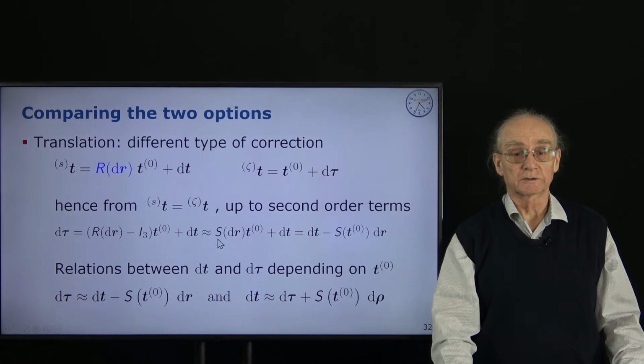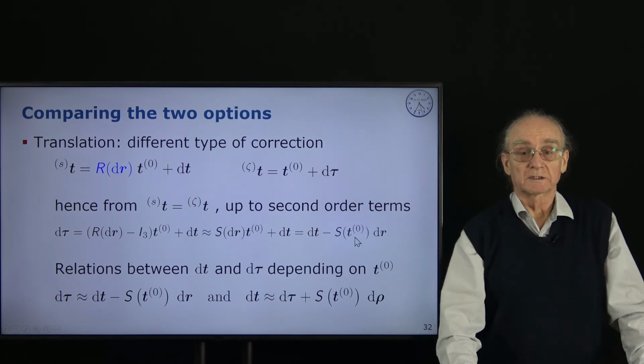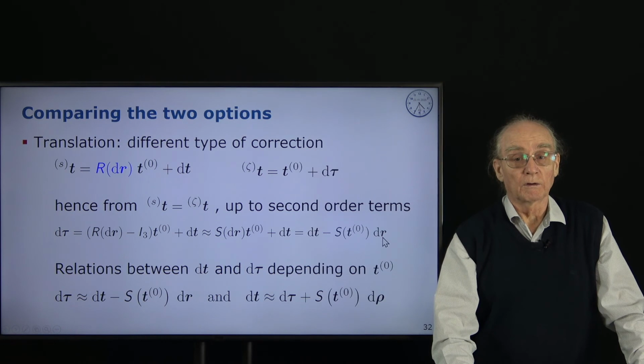So we exchange these two values. Dr cross t0 is the same as minus t0 cross dr. So we finally come up with d tau is dt minus the skew-symmetric matrix of the approximate value for the translation multiplied with the small differential rotation vector. So this is this expression.